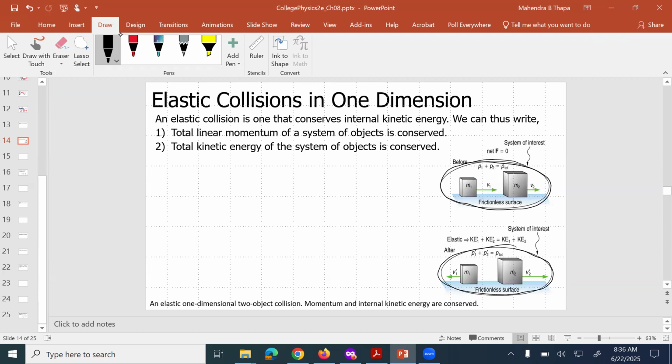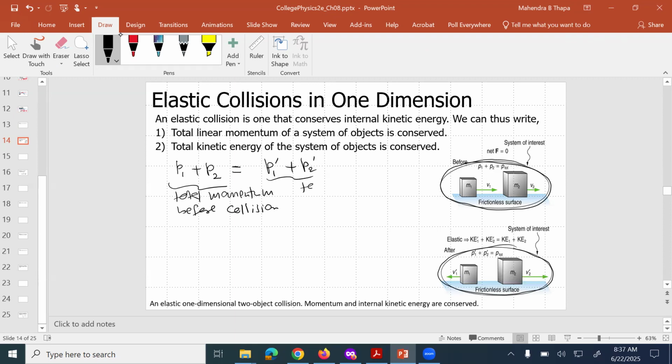So you can write in this situation P1, momentum of mass M1, P2, momentum of mass M2. This is the total momentum before collision. That equals P1 prime plus P2 prime.